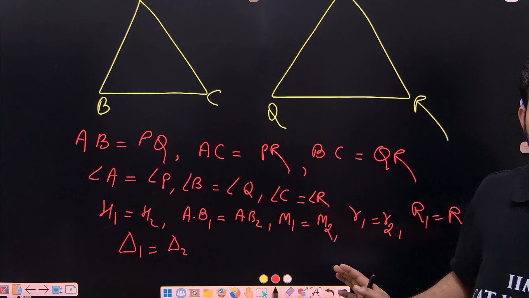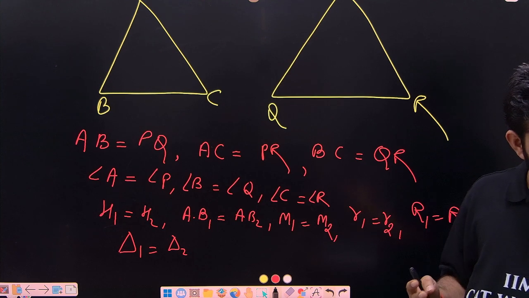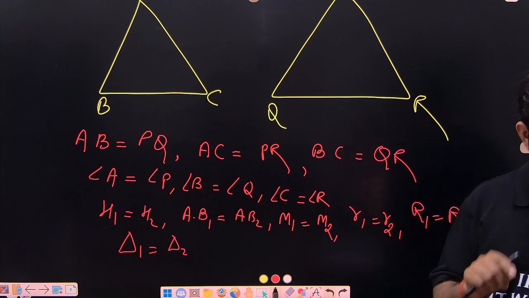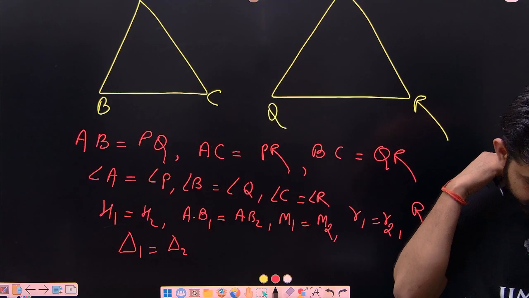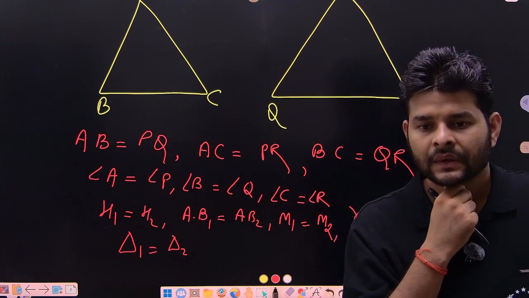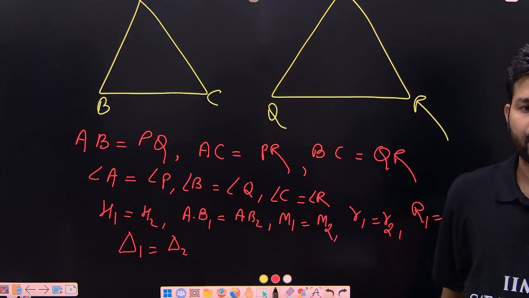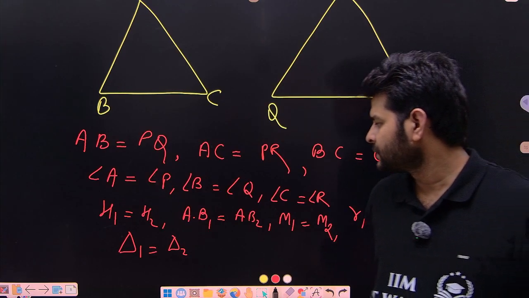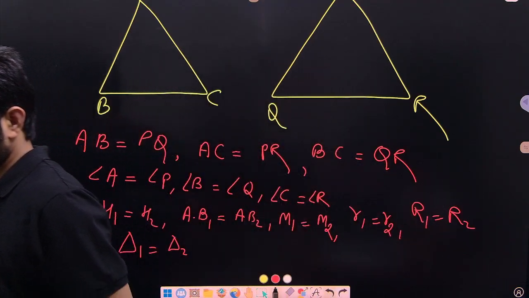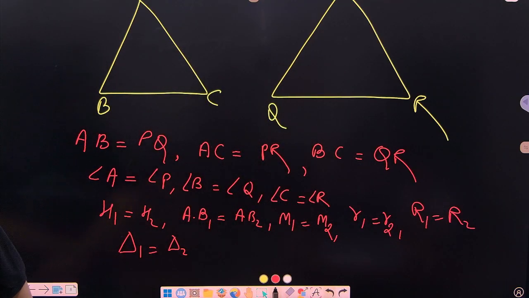Small r means incircle radius and capital R means circumcircle radius, the outer one. Got it, guys? Note it down.